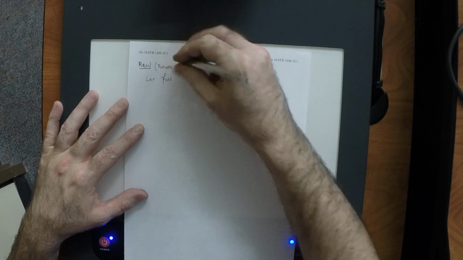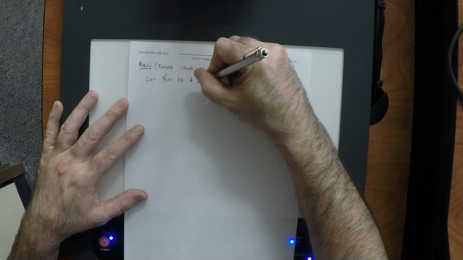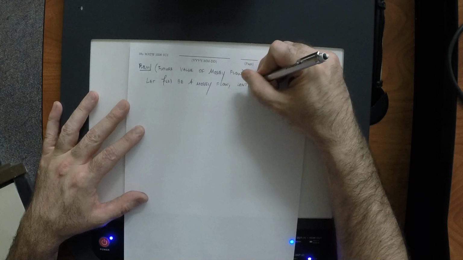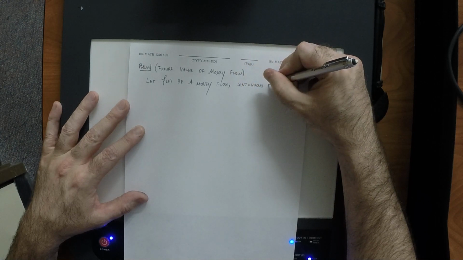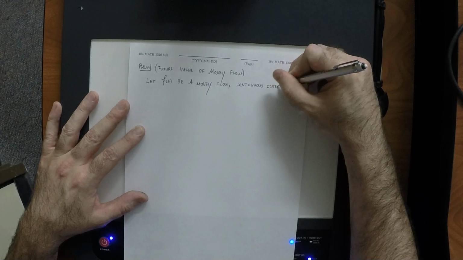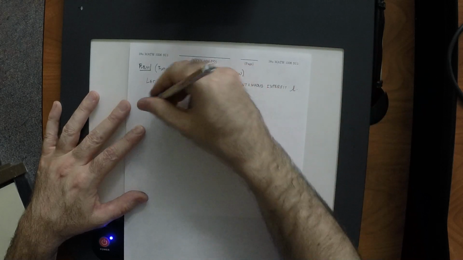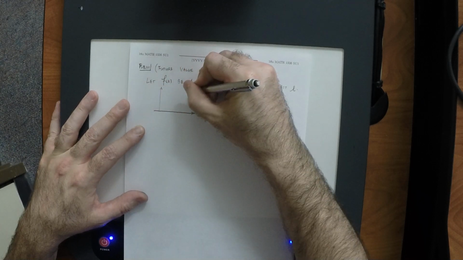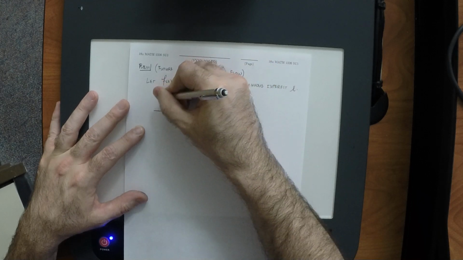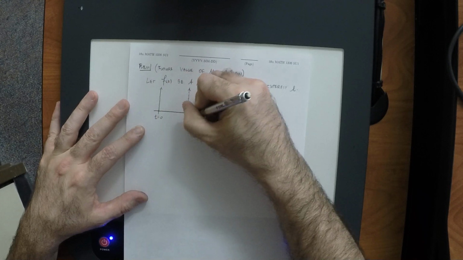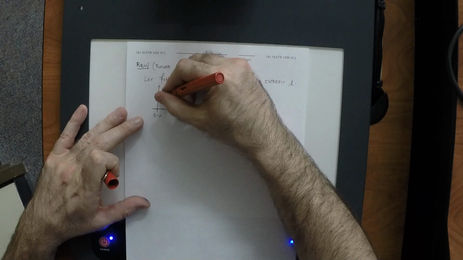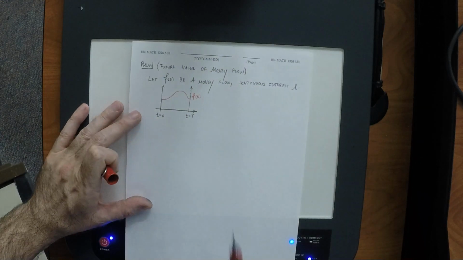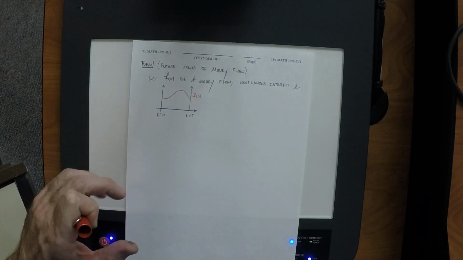So again, let f(t) be a money flow, and suppose that we have continuous interest R. Now again, the idea is that we're going to take all the little bits of money, and remember that conceptually area is money.